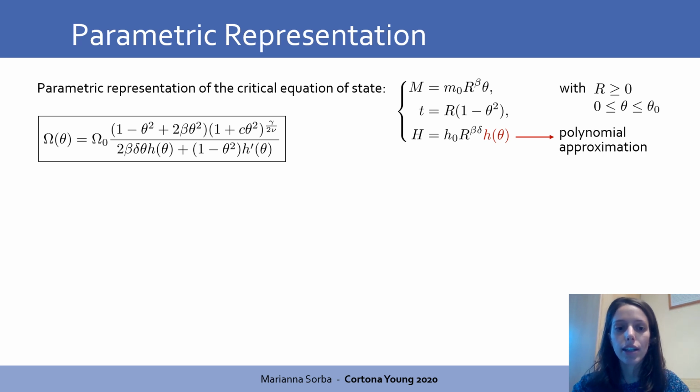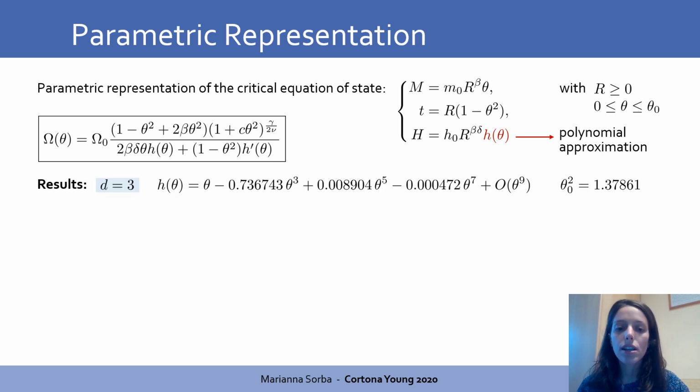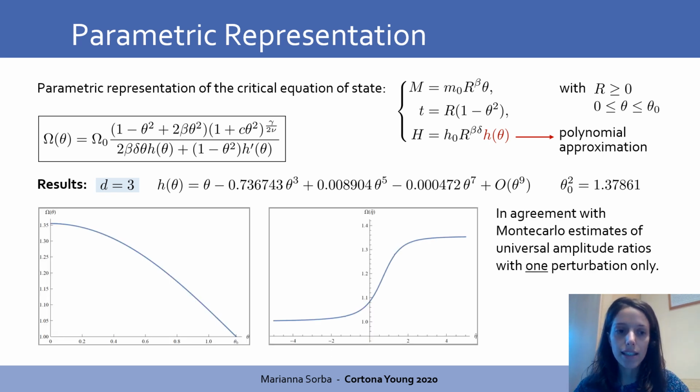And in particular, in 3 dimensions, we used these polynomial approximations and we got these results for omega, here plotted with respect to theta and also eta. These results are really good because for the 3 points in the eta axis where only one perturbation is present, so plus, minus, infinite and 0, we get results in good agreement with the Monte Carlo estimations for the 3-dimensional Ising model. But not the same is true for the 2-dimensional case.